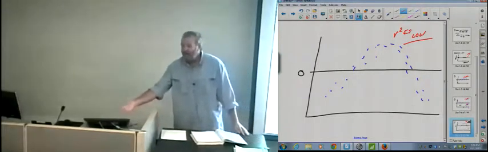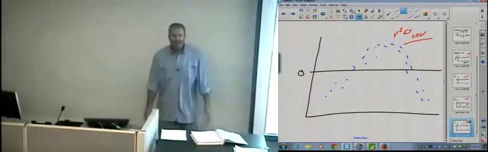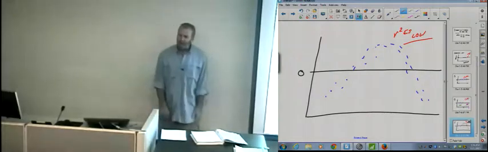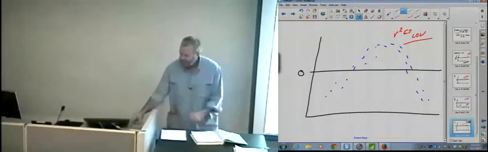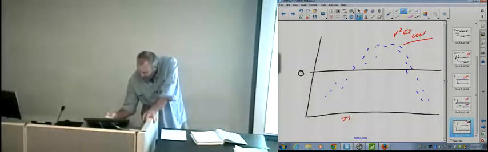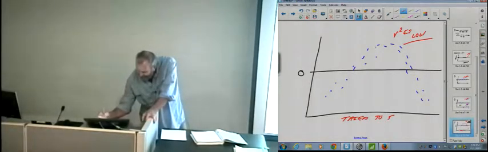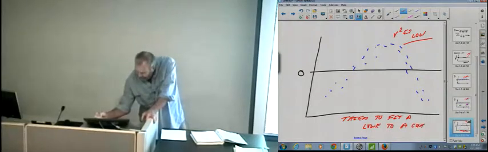You see the curve in there? That'd be the same kind of curve you'd be seeing in your scatter plot. Right? Tried to fit a line to a curve. That's a no-no.